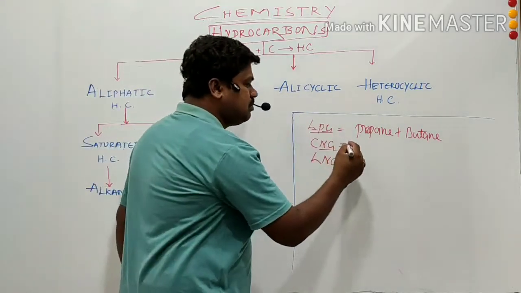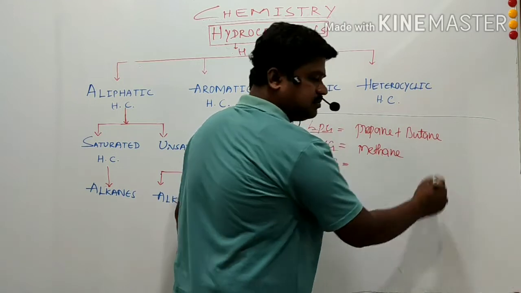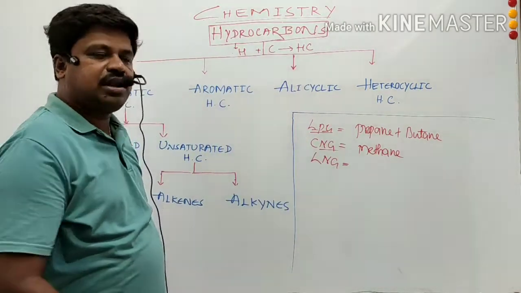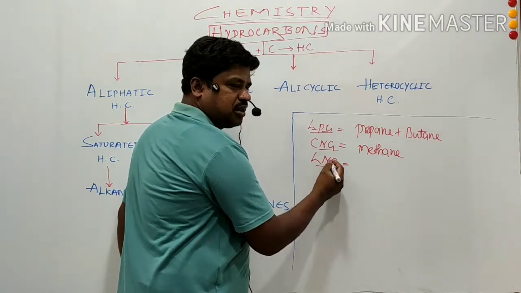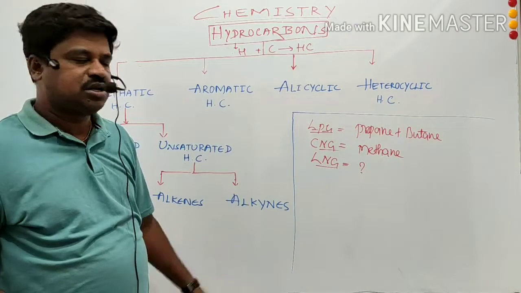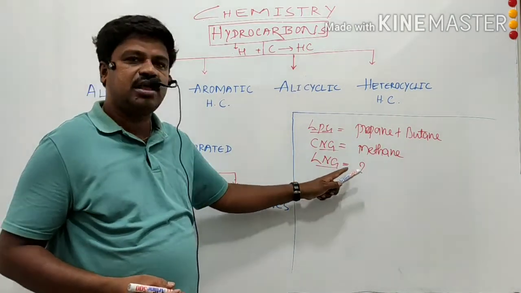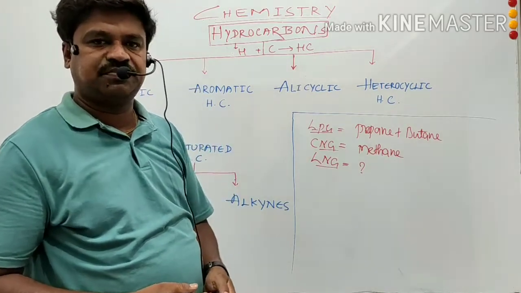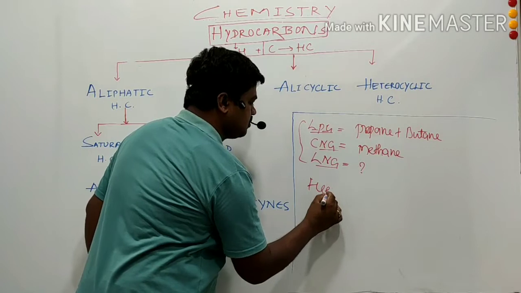It is mainly made up of hydrocarbons such as methane. Coming to LNG, expansion, liquefied natural gas. The main composition we cannot decide because LNG composition depends on the processing conditions. However, all these are used as fuels.